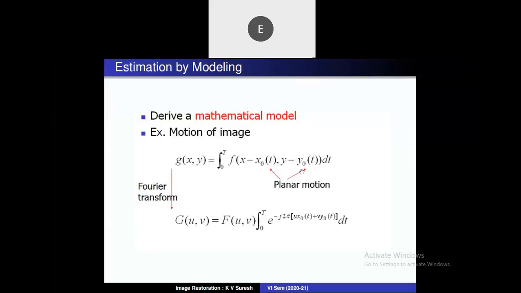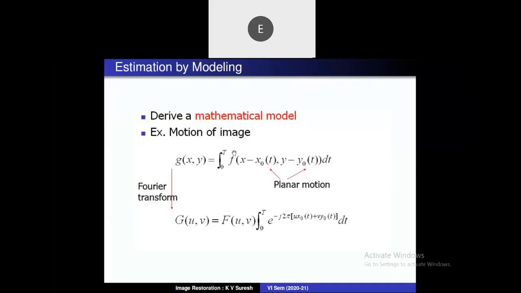For example, not only is the image shifting in x and y direction, but suppose the image is also moving away from or towards the camera, then we also have z direction movement. We are not assuming that here in this model. We are only assuming that the image, in fact it is not even rotating, is just moving in x and y direction.